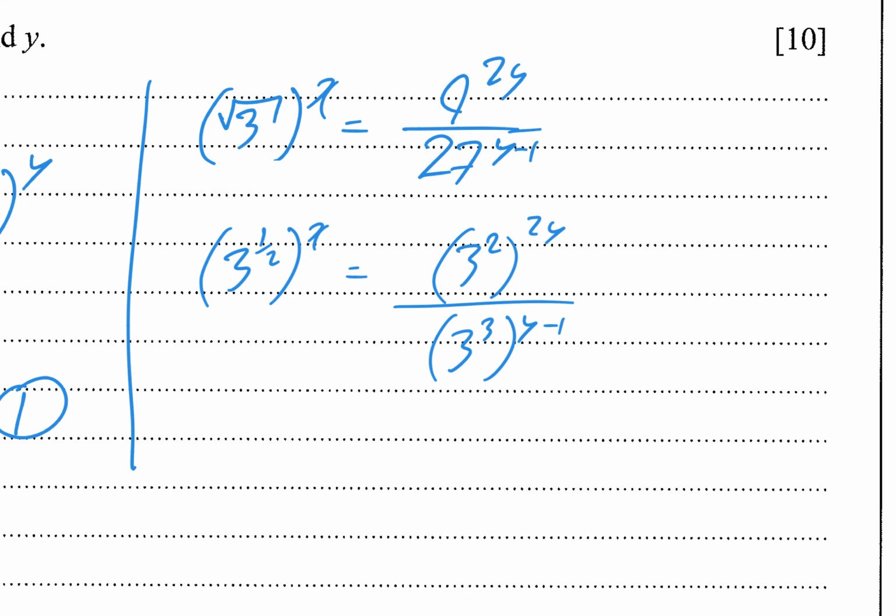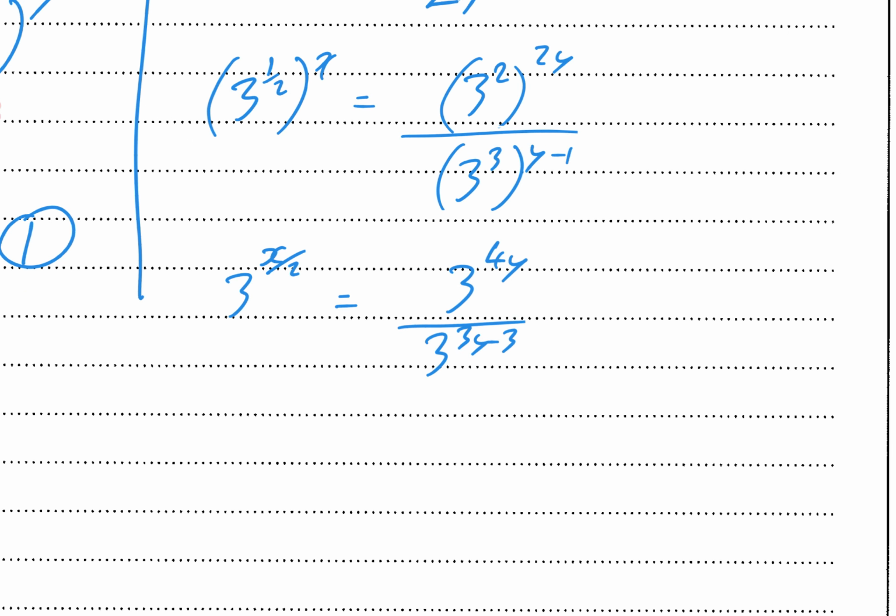Now sort out the left-hand side, that's easy enough. That's multiply the powers, that's just going to be x over 2. The right-hand side, it's going to be 3 to the power of 4y over 3 to the power of 3y minus 3. And then that's still 3 to the power of x over 2 is equal to, and then this one, you'd be subtracting powers. So what you've got here, when you subtract powers, is 4y minus 3y minus 3. That's going to be 4y minus 3y, minus is a plus.